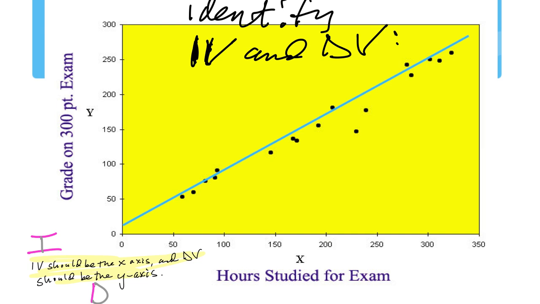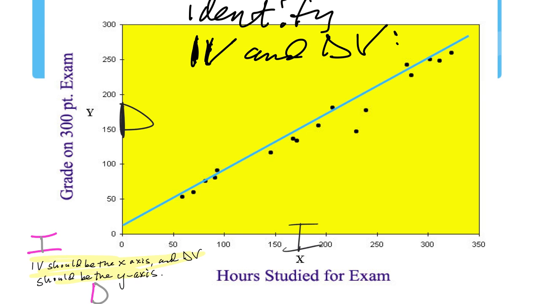So it's very easy to identify, given a graph, even if you don't even know what the graph's about, what the independent and the dependent variable are. The dependent will always be the vertical. The independent will always be the x-axis. So in this case, the independent variable is the hours a student used to study for a test, and the dependent variable is their grade.